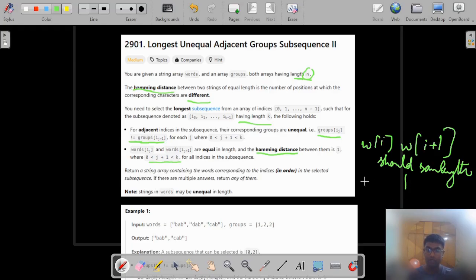Let's call this, in a short way, where only one character is different between these two words. Return a string array containing the words corresponding to the indices in order in the selected subsequence. If there are multiple answers, return any of them.